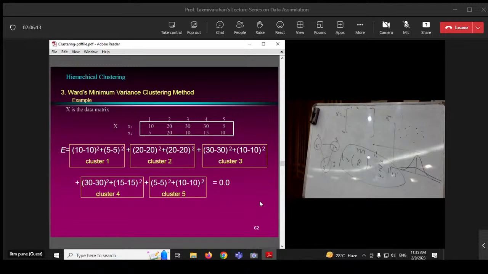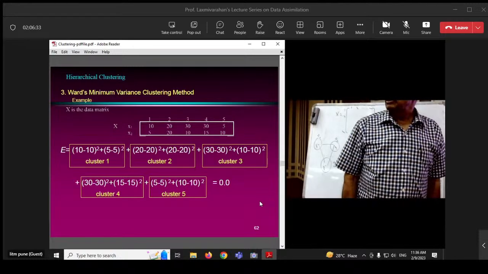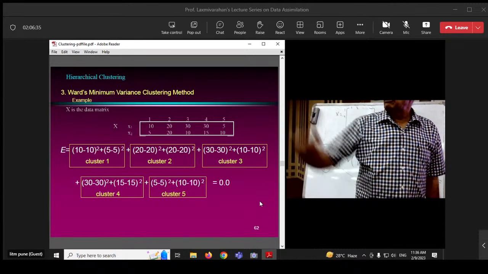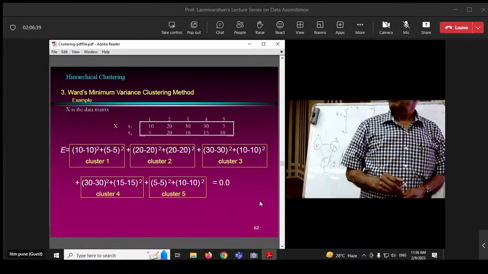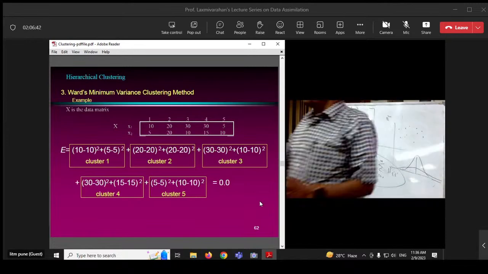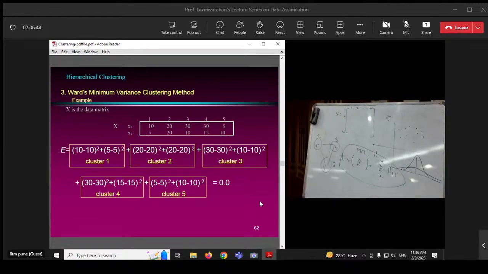Yeah, it's 11:30. We'll start. I gave you the basic idea of what minimum variance is. So what is the first step? I have 5 objects. Each object is represented by 2 coordinates. First object is located at 10, 5. So what is the variance of that? There is only one object, even though the representation is a vector.